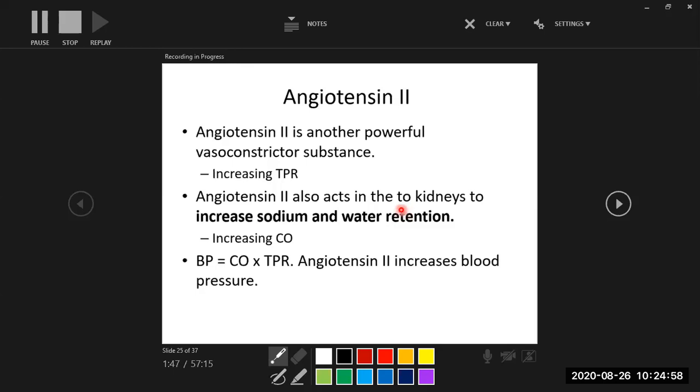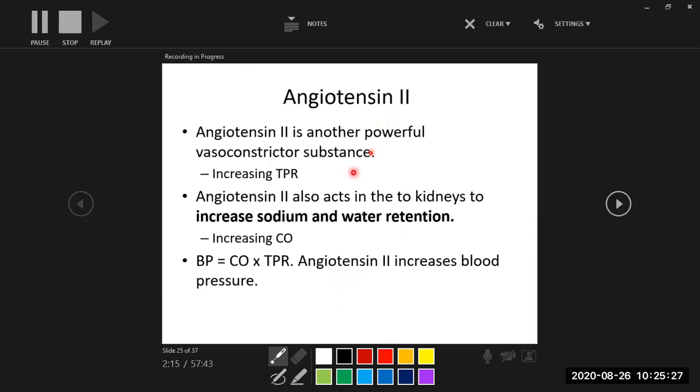So angiotensin II acts on these two: directly, it increases the TPR; indirectly, it increases the cardiac output. And overall, you have CO increase, TPR increase, and you have the blood pressure increase. So that is a very powerful function of angiotensin II.